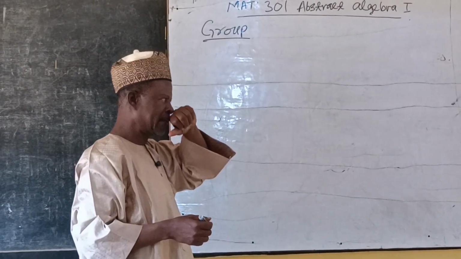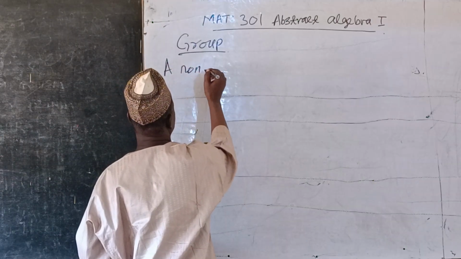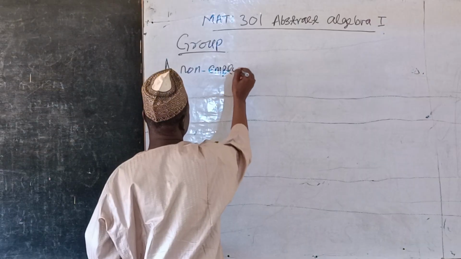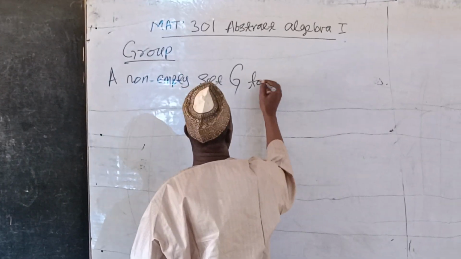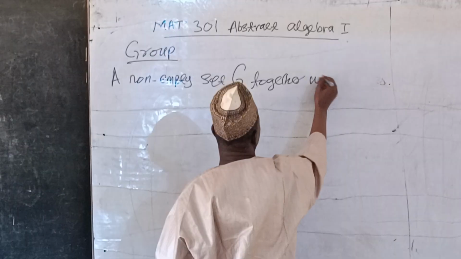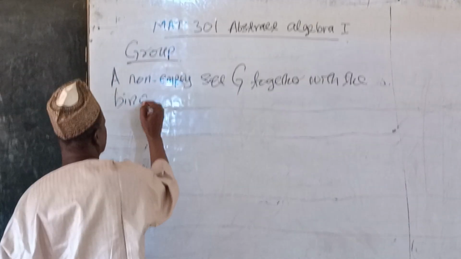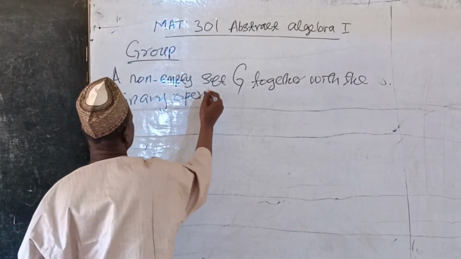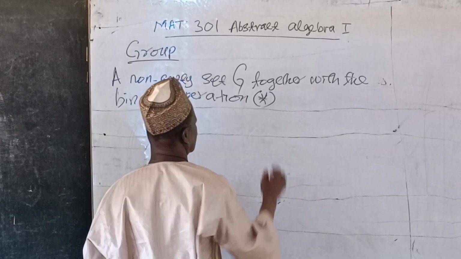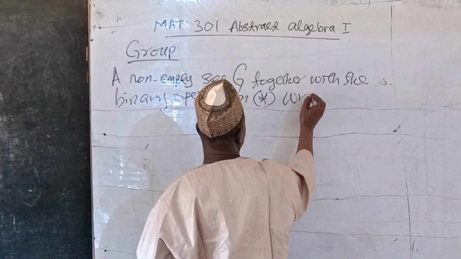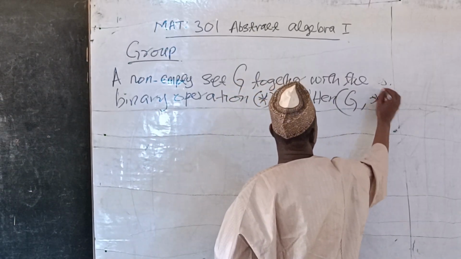We are going to take the aspect of group. What is group in mathematics? Now, a non-empty set G together with the binary operation, let me call it star, written like this: G star.